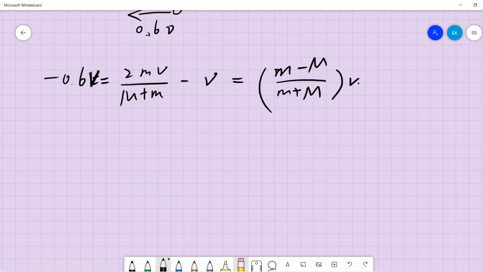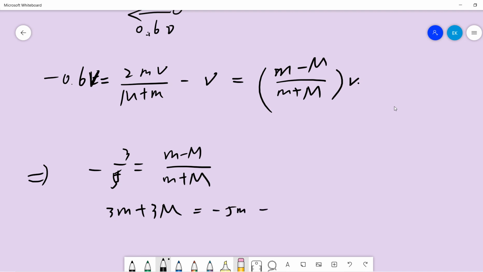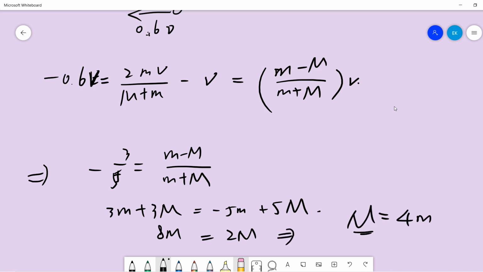Okay, so we can solve this, and what we have is 3/5. So the large mass is 4 times the mass.